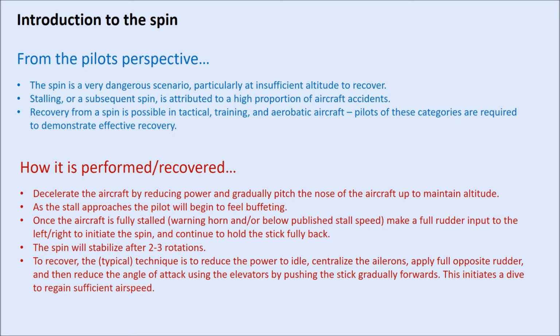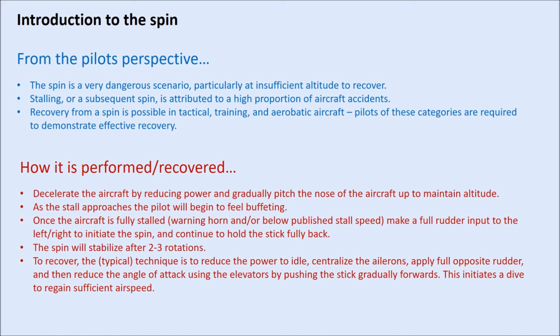So how is a spin performed and recovered from? So you're going to see a video of this in a moment, but I'm just going to talk through the various stages first. The first step, of course, is to check that you're in a suitable piece of airspace to perform the spin, that there's no other aircraft around, particularly looking below, because obviously we're going to fall out the sky when we do the spin maneuver.